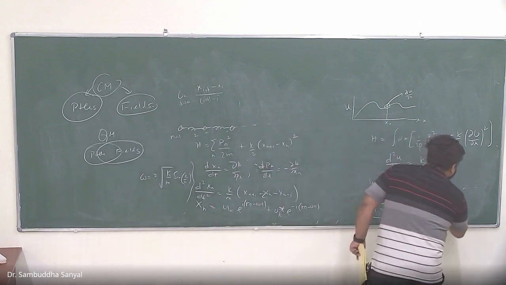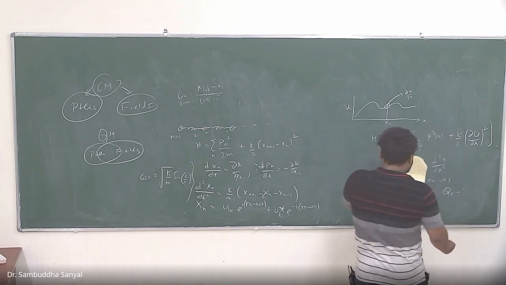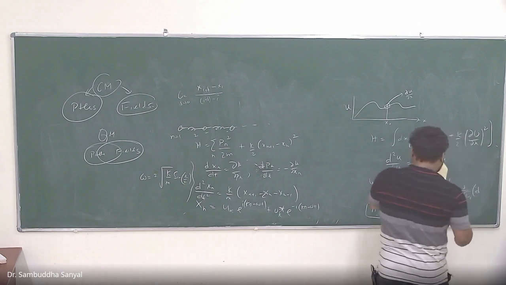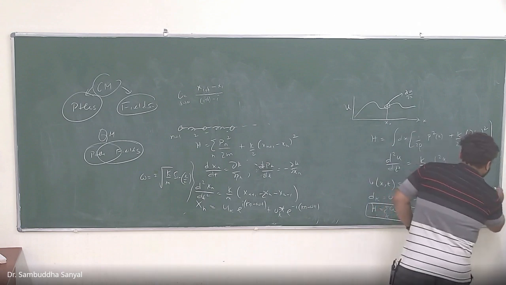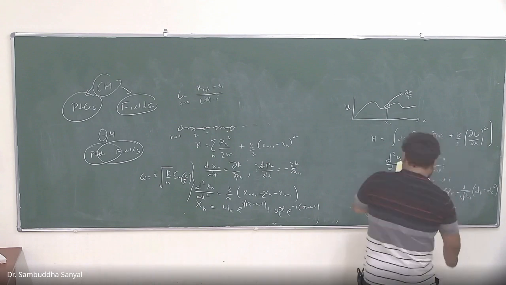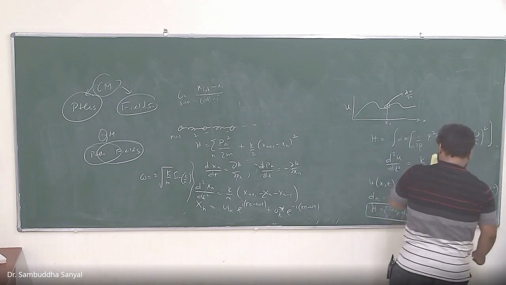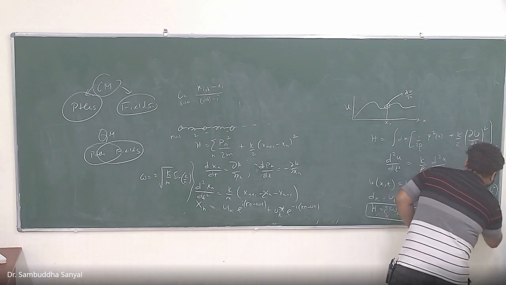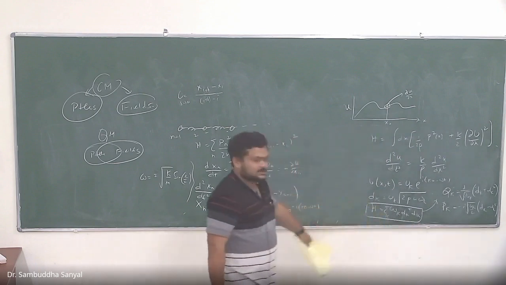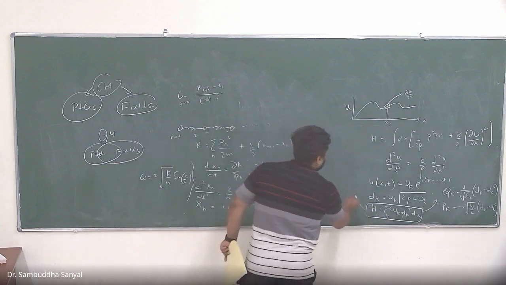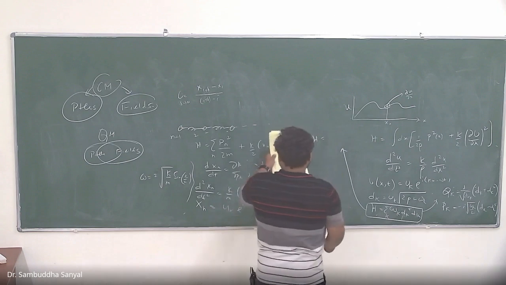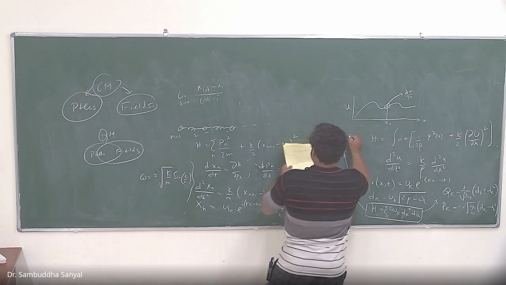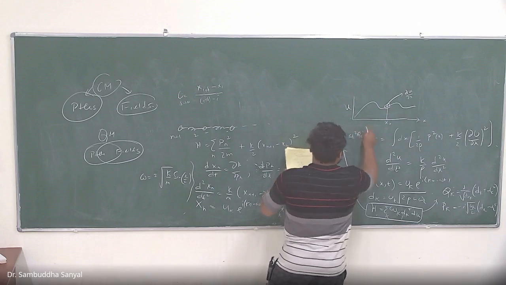So now I can define q_k, which is 1 by root 2 omega_k times (d_k plus d_k star), and p_k, which is minus i root of omega_k by 2 times (d_k minus d_k star). I can define these two quantities, and this will give me H equals half of (p_k square plus omega_k square q_k square).